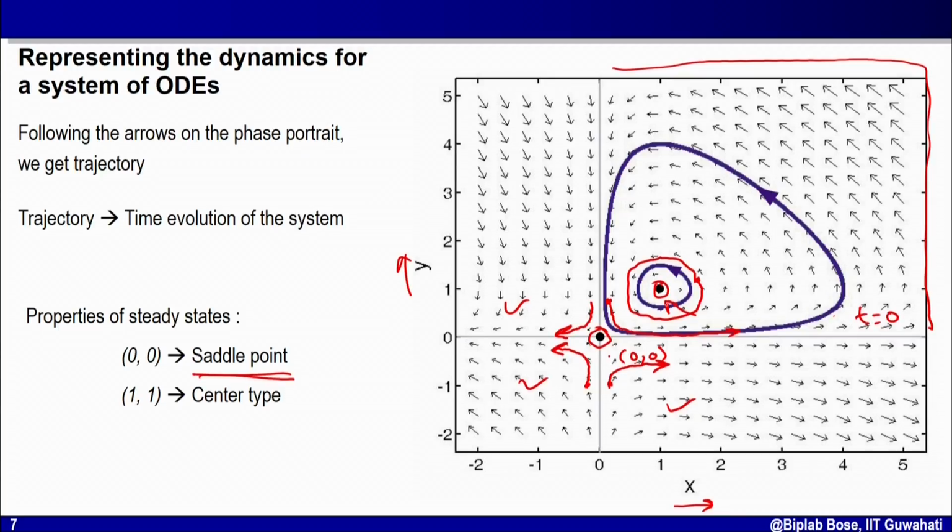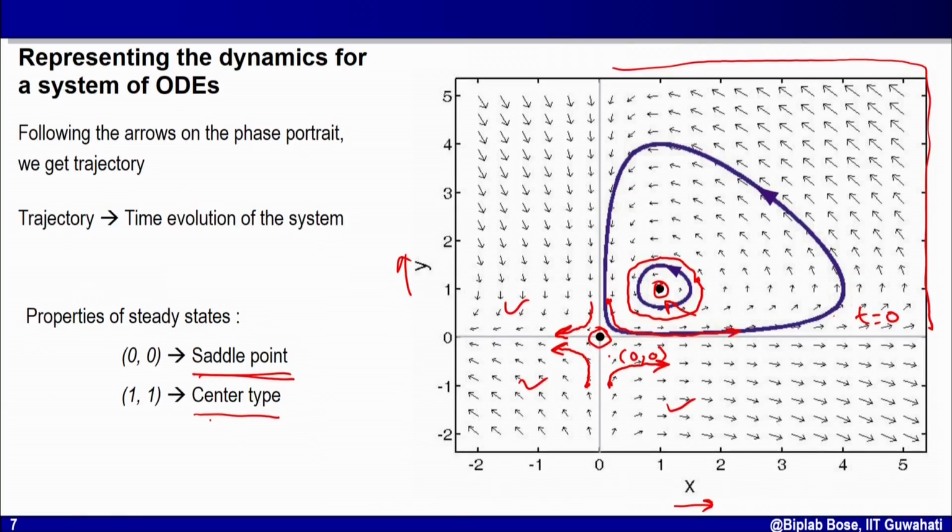So this steady state is called a center type steady state. In this type of steady state, if you are at the steady state, you will stay there for an infinite period of time, whereas if you slightly perturb from it, you will start moving in a closed path around that steady state. So this is called a center type steady state. We will discuss that also.